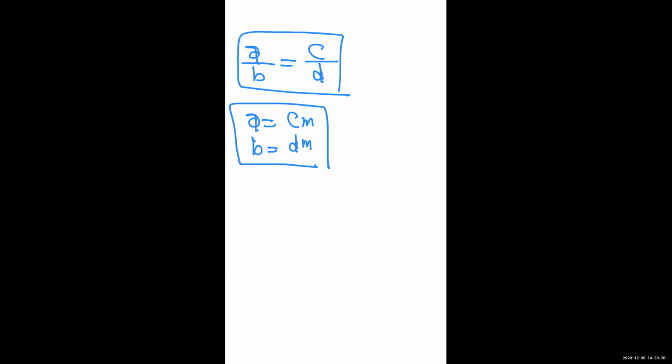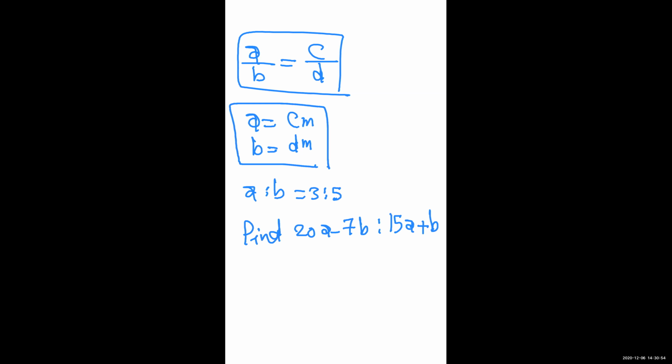So if A to B equals 3 to 5, find 20A minus 7B to 15A plus B.